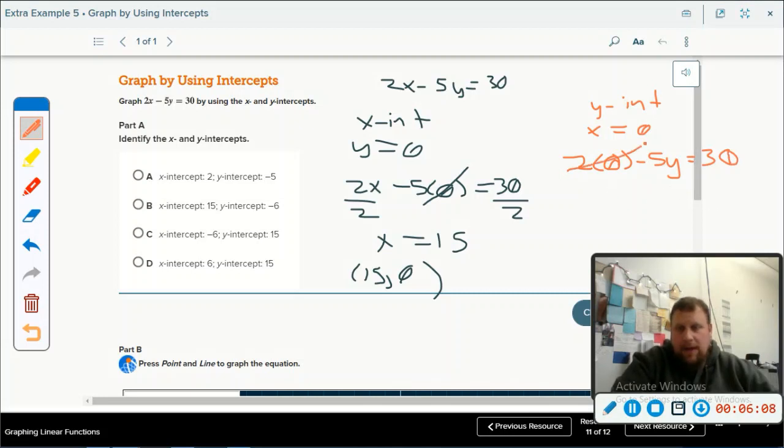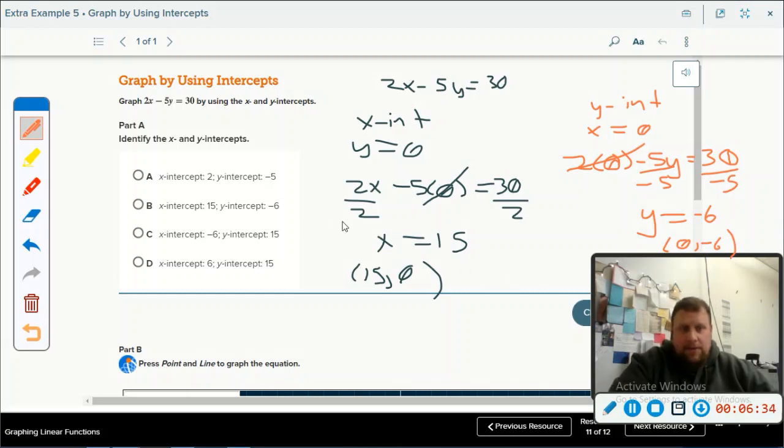Okay? Again, that goes to 0. I'm going to divide both sides by negative 5. 30 divided by negative 5, well, positive divided by negative is negative. And 30 divided by 5 is 6, so that's going to be negative 6. Which means my y-intercept is, I don't know why I just did that. It's going to be at 0, negative 6.